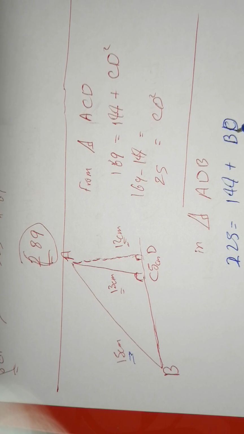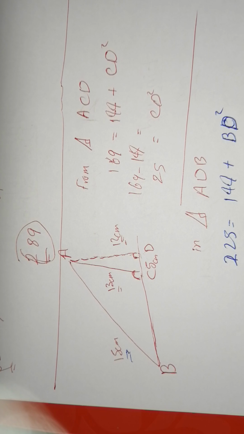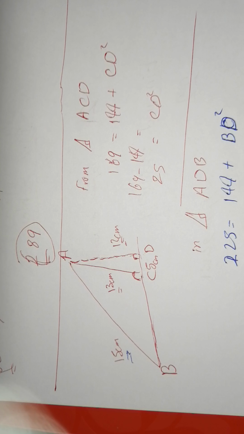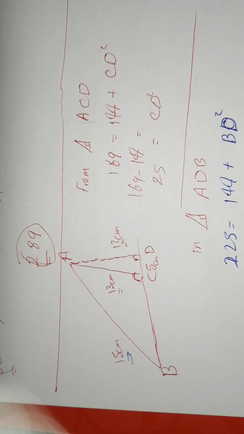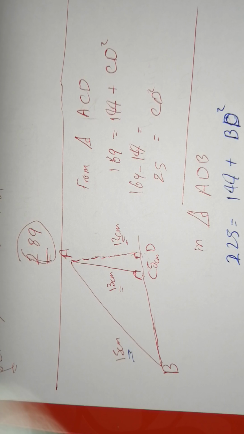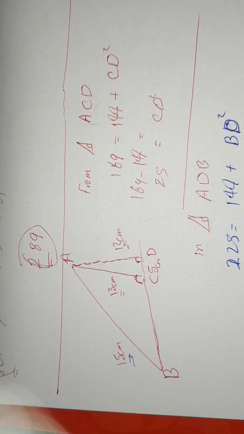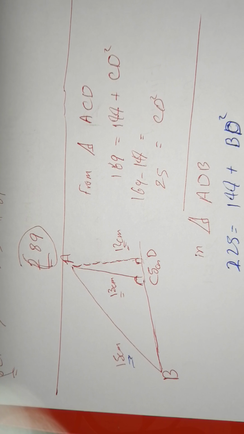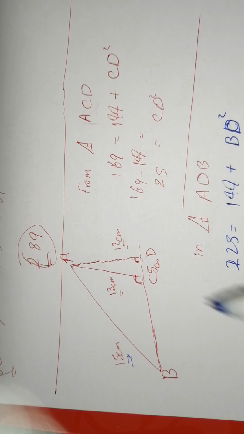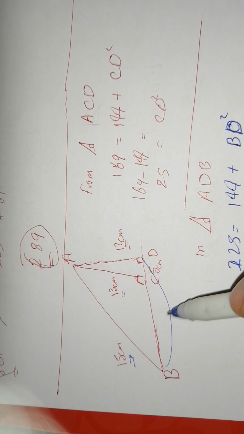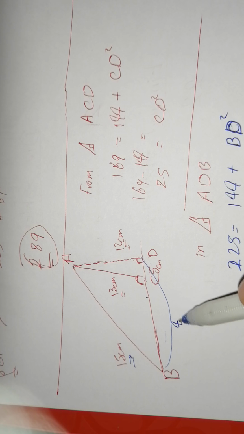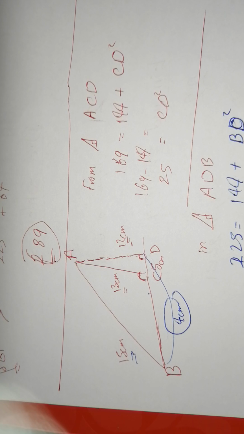So BD squared will equal 225 minus 144, which is equal 81. So BD equals 9 centimeters. So BC should be equal 14 centimeters, and this is the length of BC.